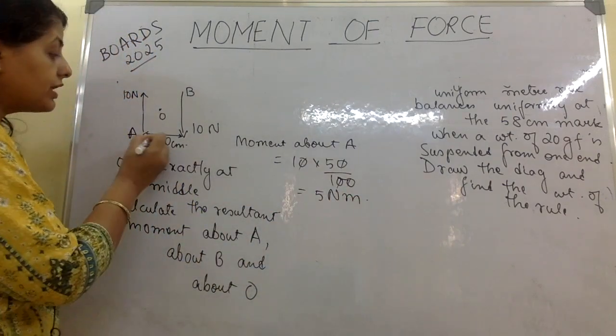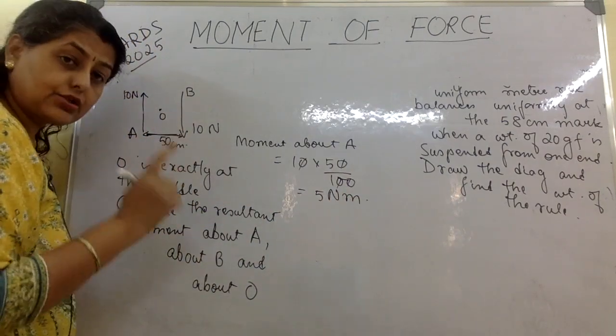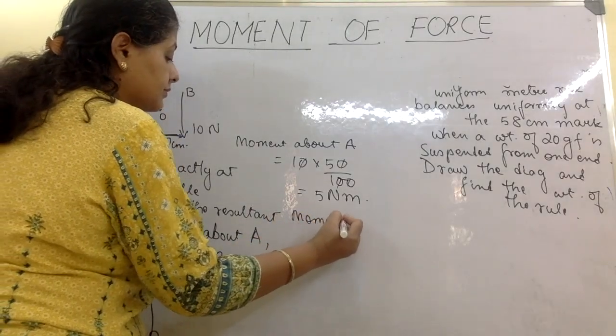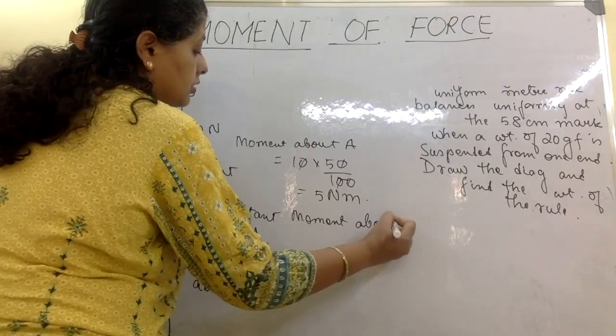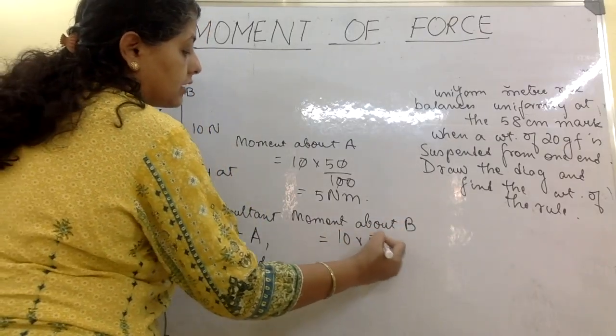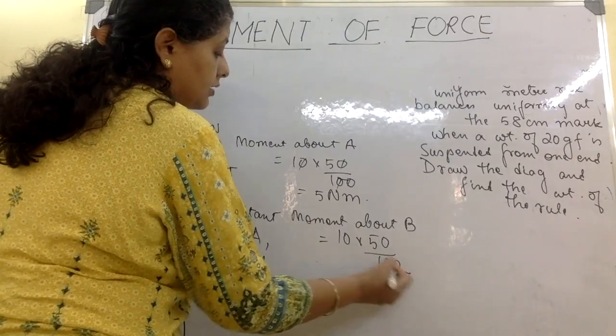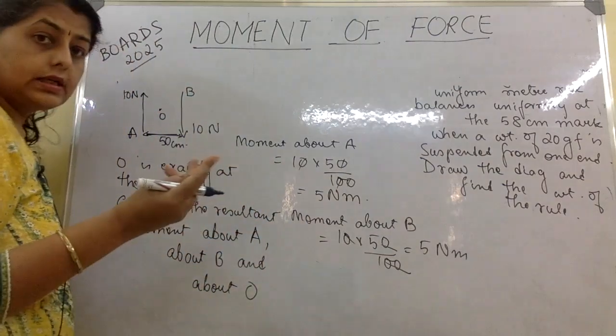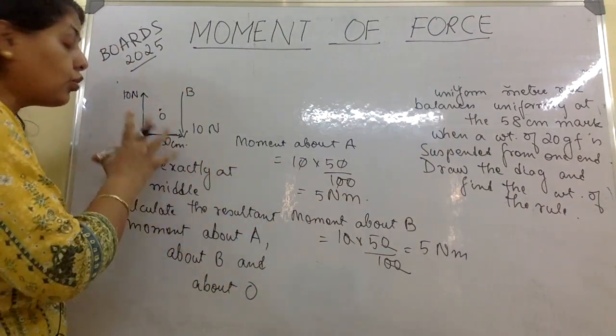We have to take this full distance because it's actually a couple. Yes, let's take moment about B. Moment about B is again 10 into 50, 50 by 100 to make it meter, 5 Newton meter. Now they want moment about O.